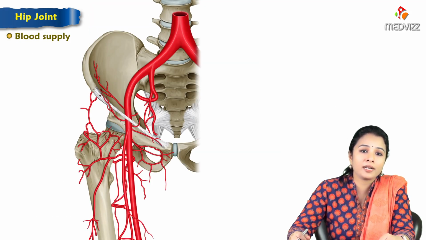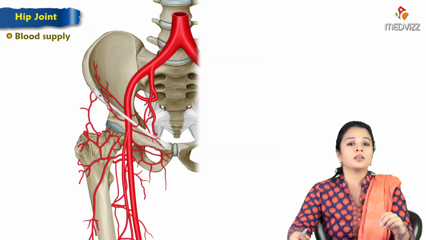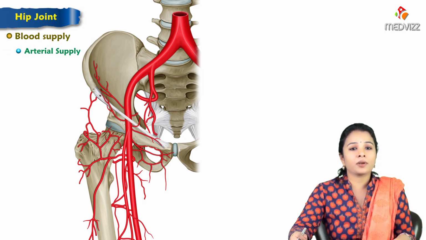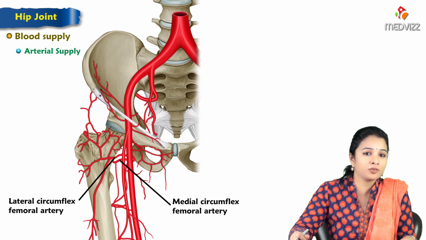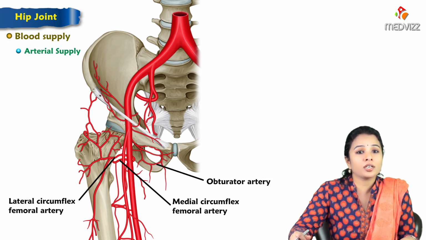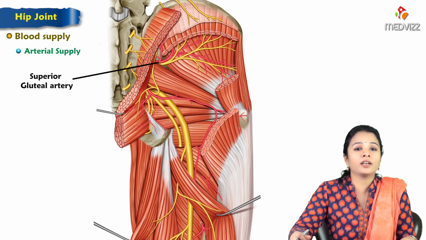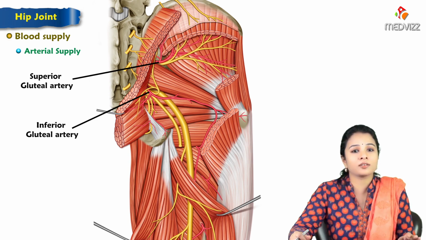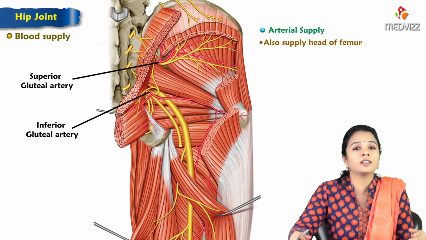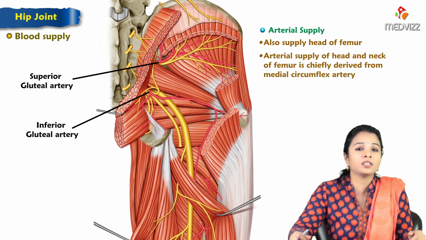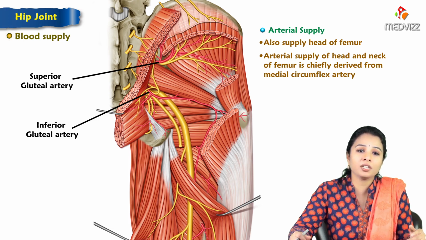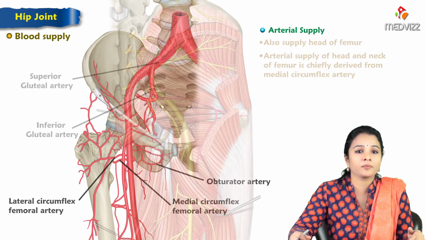Let's move on to the blood supply of the hip joint. Beginning with the arterial supply, the hip joint is supplied by medial and lateral circumflex femoral arteries, obturator artery, superior and inferior gluteal arteries. They also supply the head of the femur, but the arterial supply of the head and neck of the femur is chiefly derived from the medial circumflex artery.